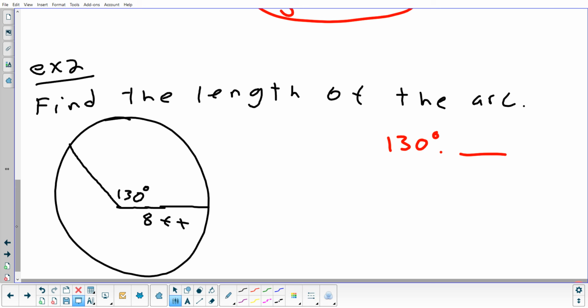Alright, and how about Ethan? Can you remind me from yesterday, how do we change degrees to radians?